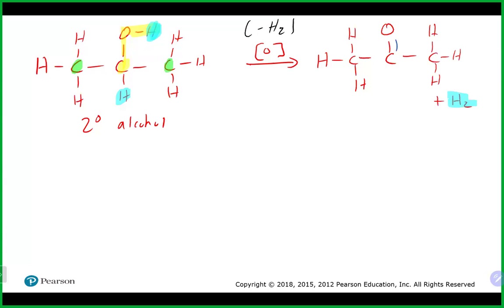And we go from a secondary alcohol here to our friend, which is known as a ketone. A ketone has a functional group of 3 carbons in a row with the carbon-oxygen double bond in the middle. By the way, the carbon-oxygen double bond is known as a carbonyl carbon.